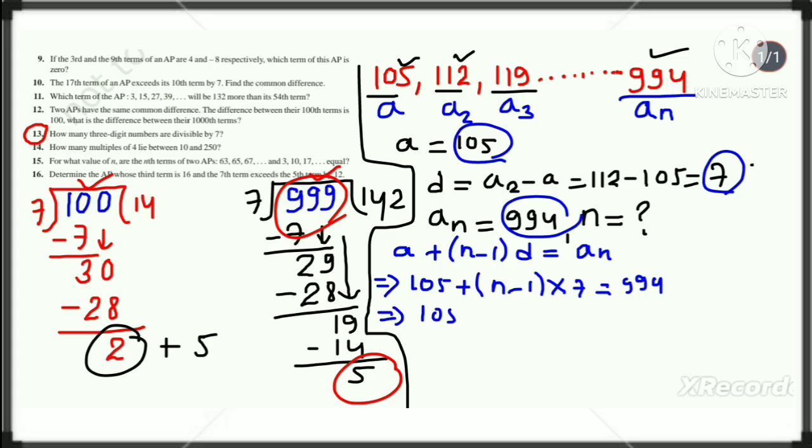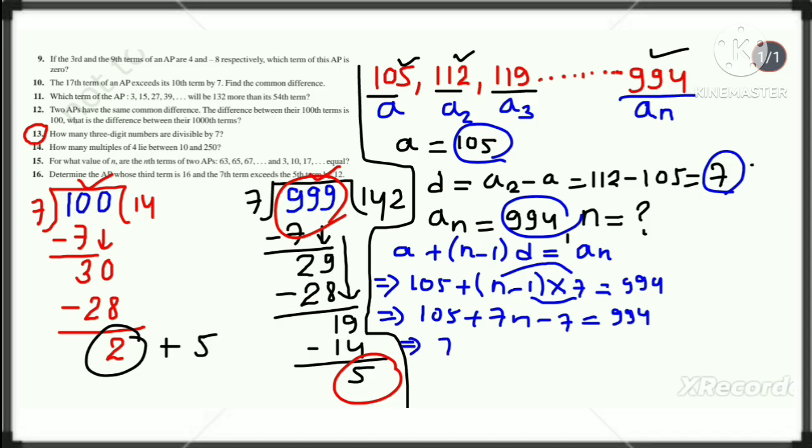Now let's solve. 105 as it is plus n into 7, 7n, plus minus 1 into 7 equals 994.